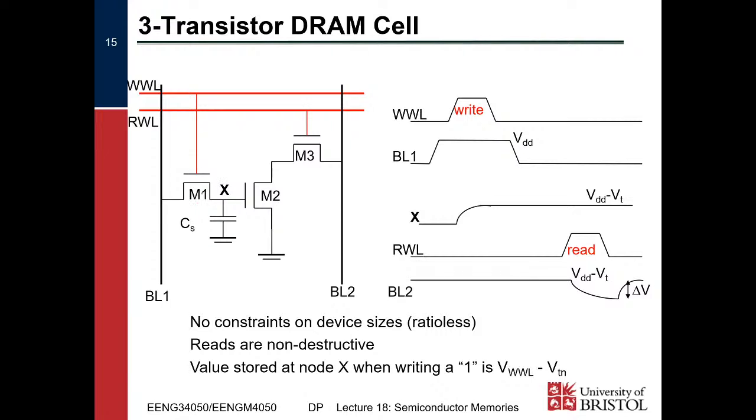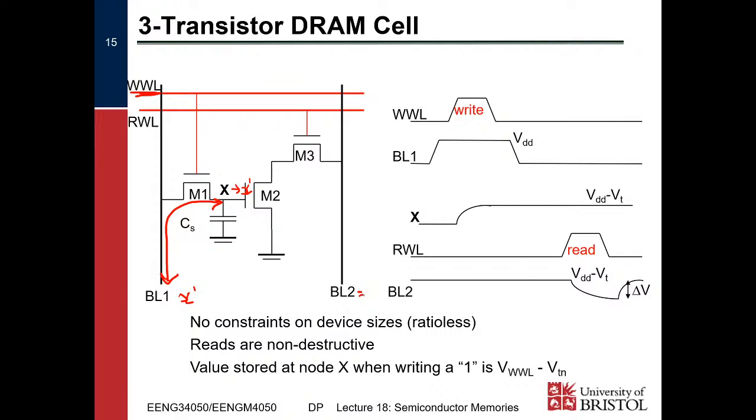So when we enable our write word line, we can either charge or discharge X through bit line 1. Bit line 1 will be set to the new value, X dashed, and we will charge or discharge X to X dashed through M1, which is enabled by the write word line.